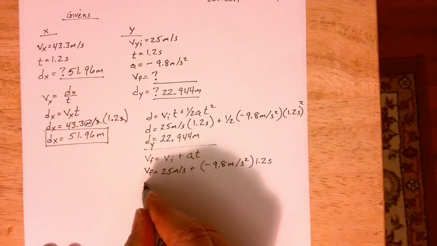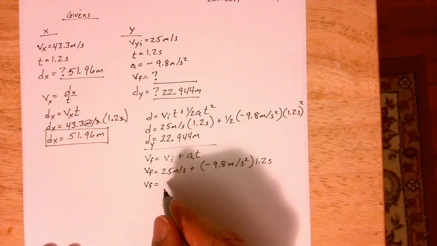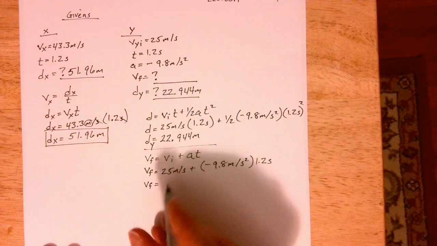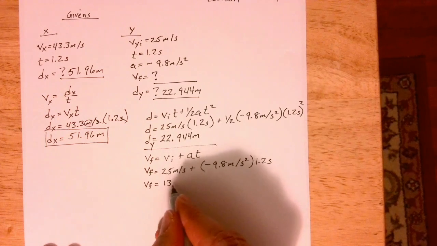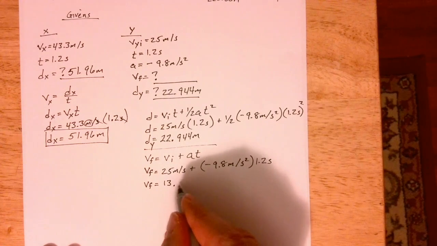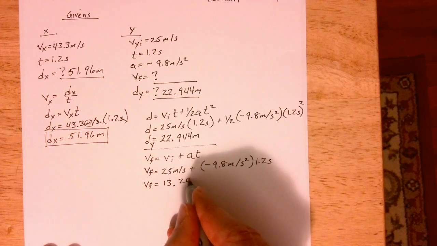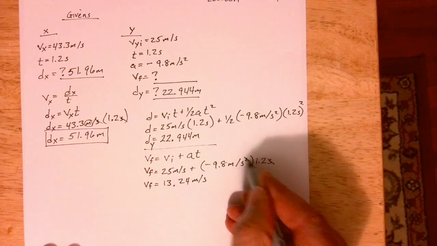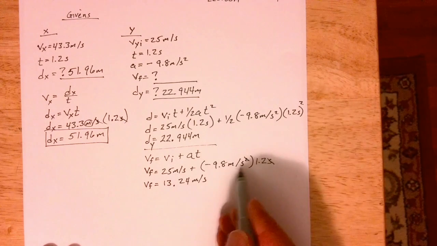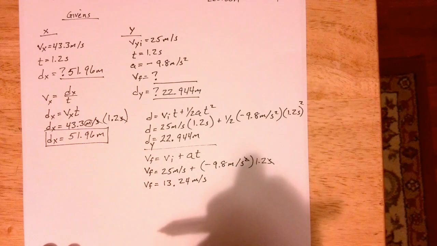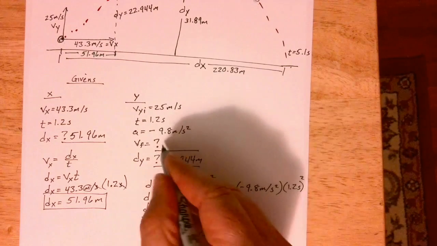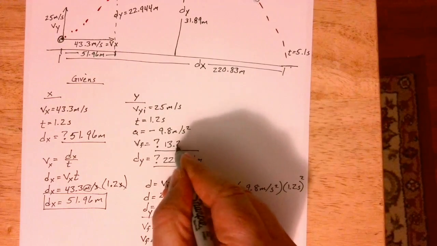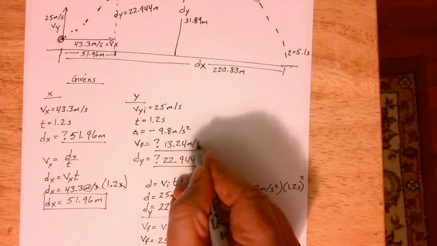We end up getting a final velocity of 13.24 meters per second. If you look at the units, one of the seconds will cancel out, so the unit is still meters per second. So the velocity is 13.24 meters per second.